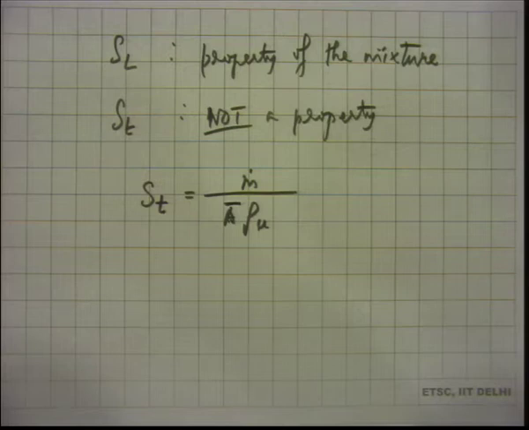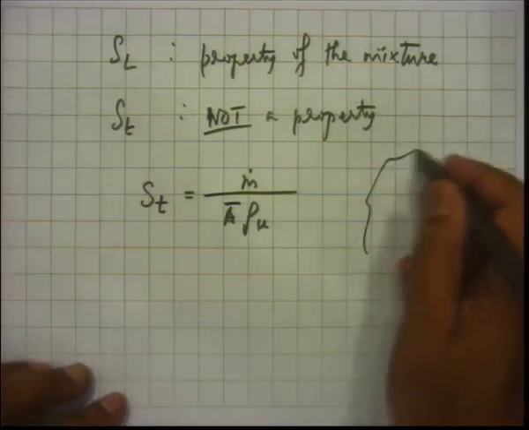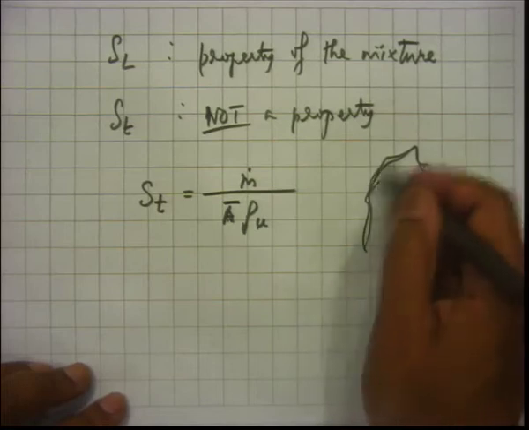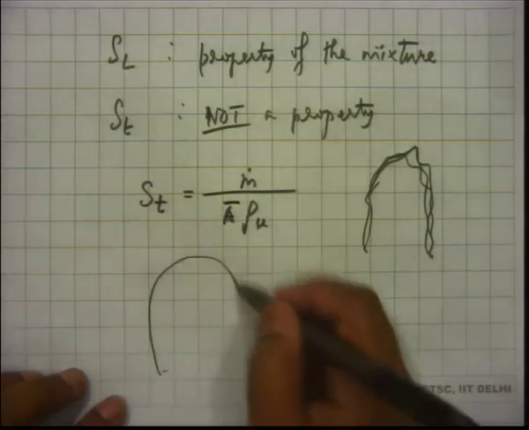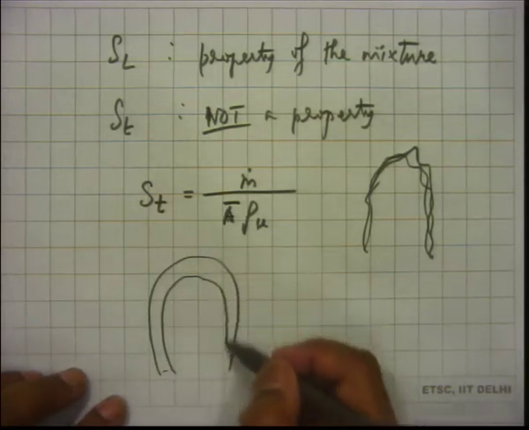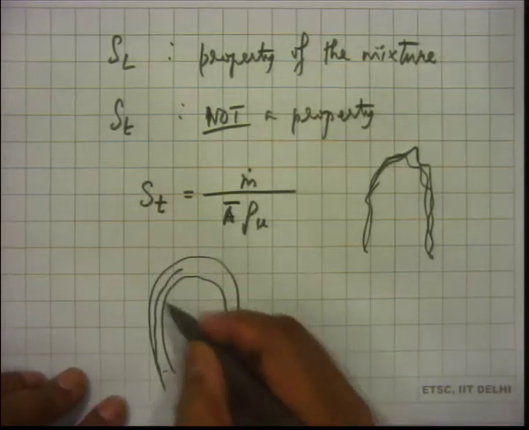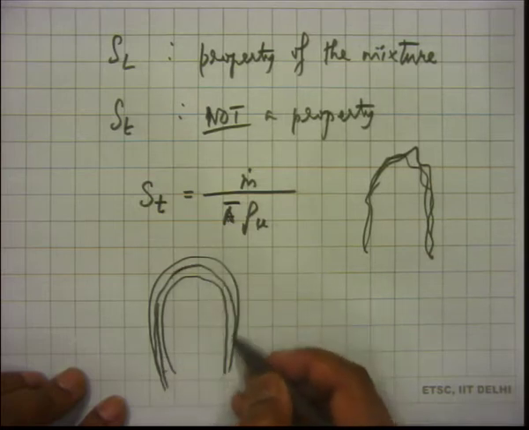The only thing is that we understand that in a flame like this, which has this thick flame brush appearance, which one is A bar is a matter of some controversy. If the flame is between these two, maybe somewhere here you can define an A bar.